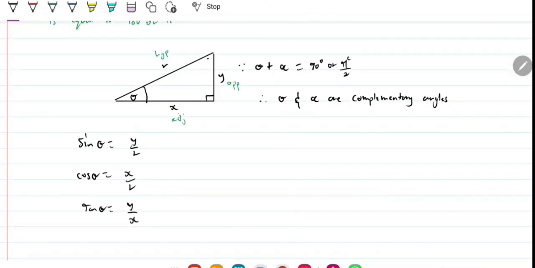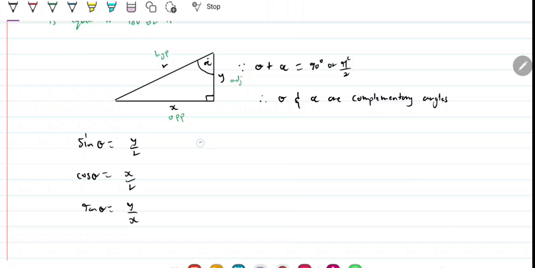Good. Now, what if our focus was on alpha? If our focus was on alpha, x will be considered the opposite side, and y will be considered the adjacent side. All right?